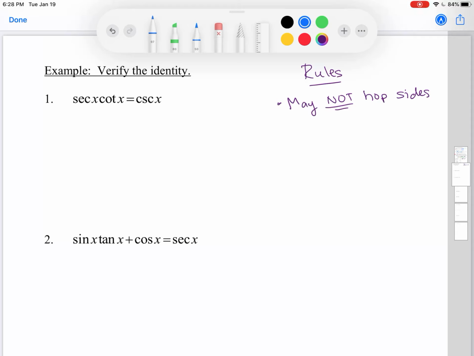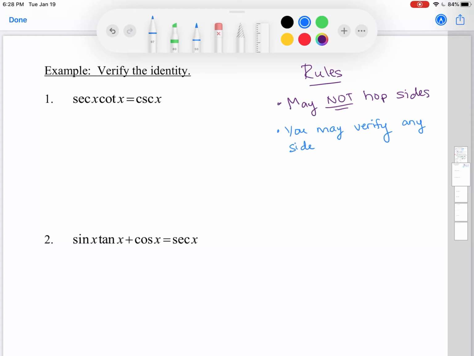I'll talk about that in our notes and why we would work with one as opposed to the other. So that's rule number 2. You may verify any side. That can be the left side or it can be the right side.